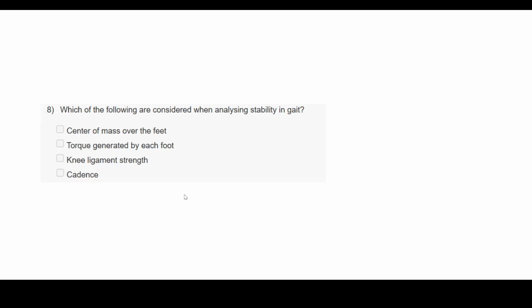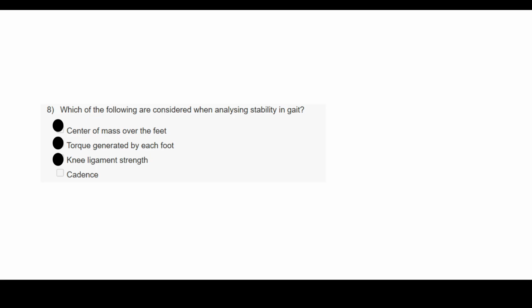Which of the following are considered when analyzing stability in gait? Center of mass over the feet, torque generated by each foot, knee ligament strength, cadence. You want to hazard a guess? You also look at knee ligament strength. If there is a breakdown in the strength, that implies that there is no stability.